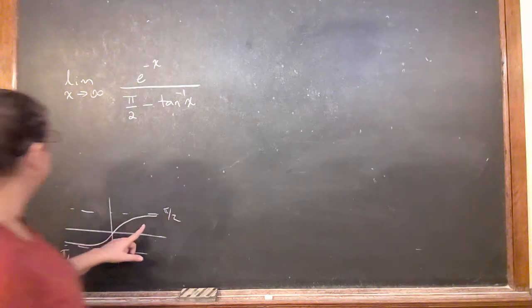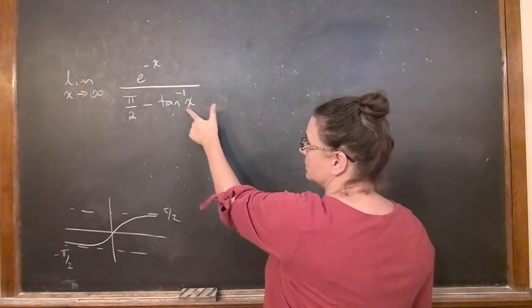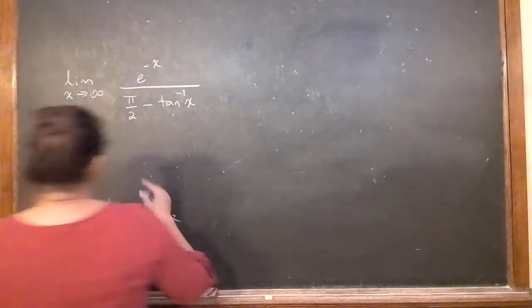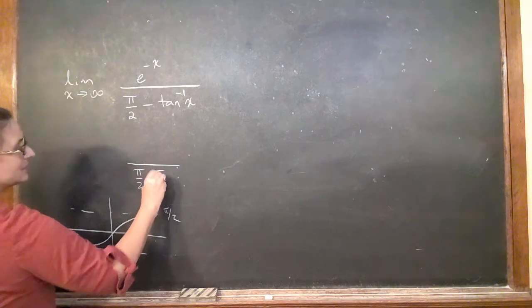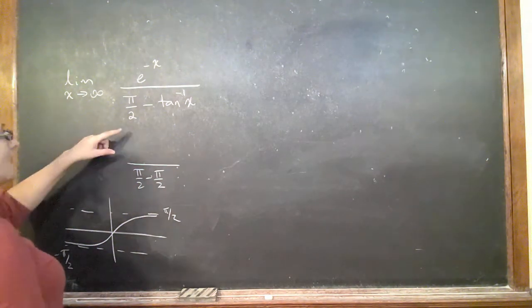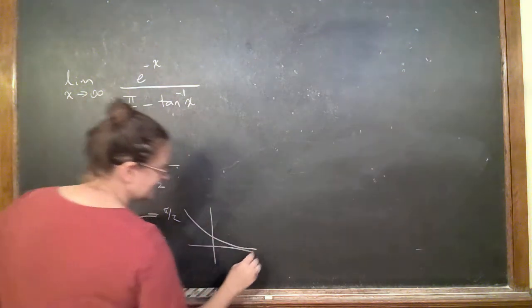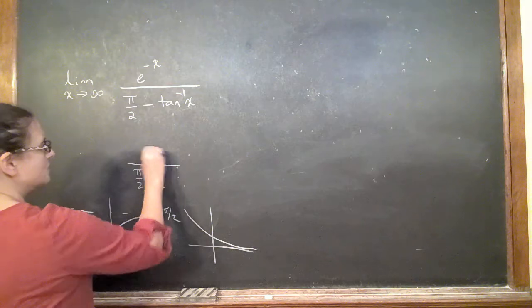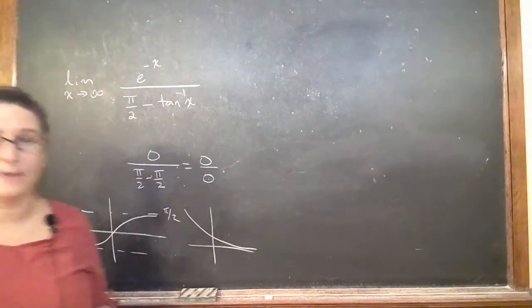So as x goes to infinity, inverse tan of x goes to pi over 2. So my bottom here is going to be pi over 2 minus pi over 2. And the top is e to the negative x. Well, you know e to the negative x looks like that. It's going to 0.